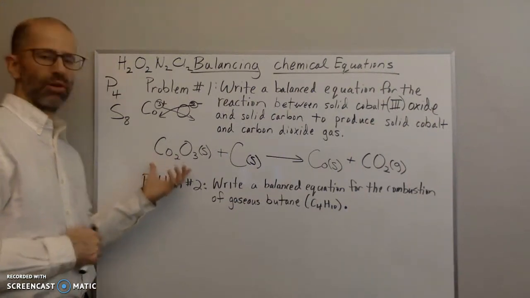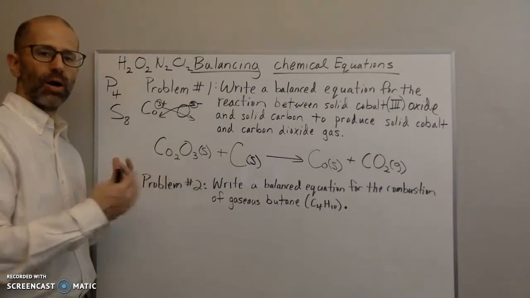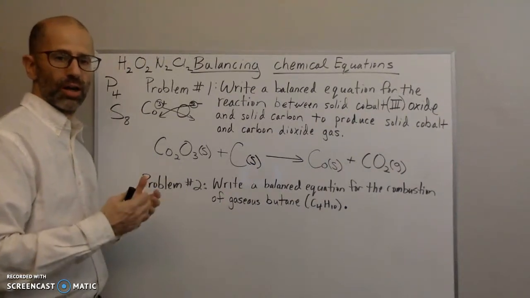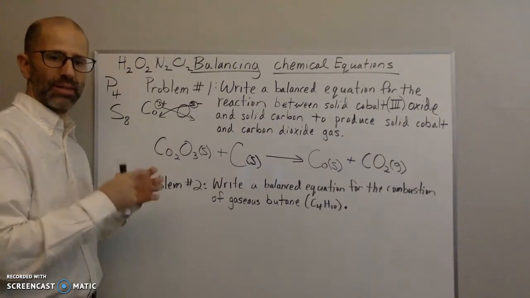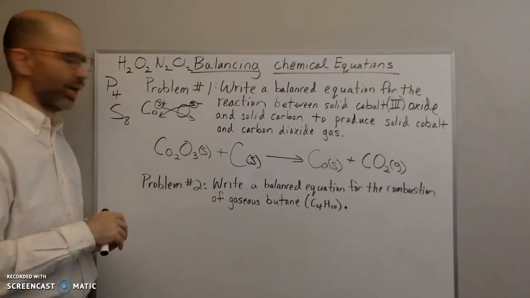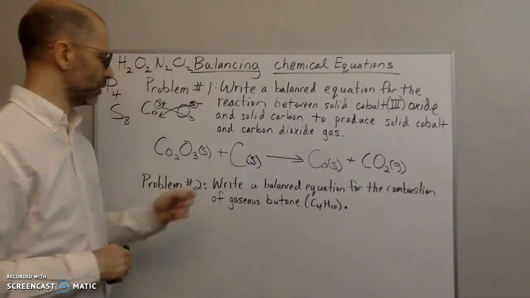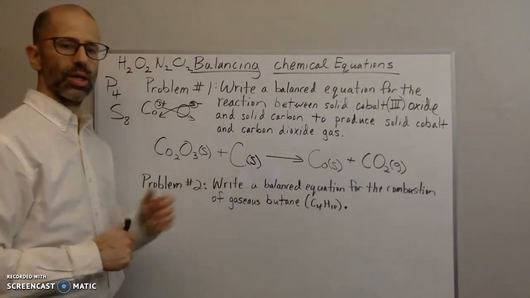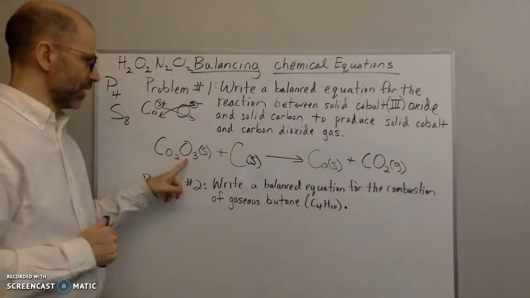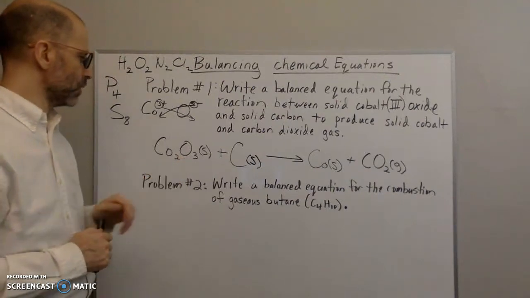The next step is that I'm going to balance elements that are part of a compound first, and then elements that are not part of a compound, that are by themselves in the pure elemental form, those I'll do later. So you'll see carbon is an elemental form, cobalt is an elemental form, so I can save those till later. Oxygen is part of a compound, so I can do oxygen first.